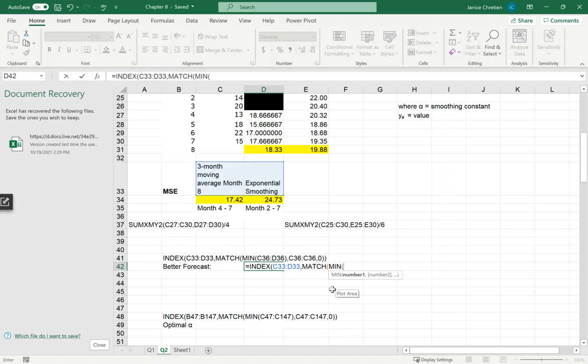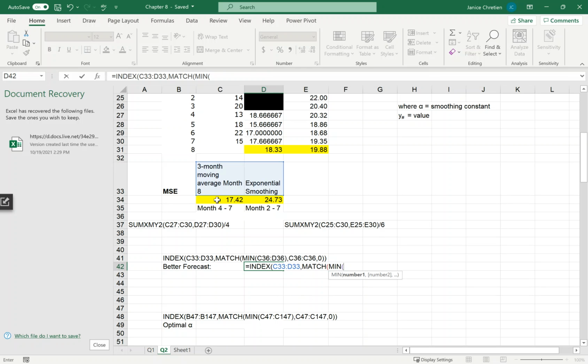The reason I say match min is because I know that the lesser of the MSEs is better. So I can really look at this and tell you 3 month is going to be better, but you're going to need to do this at the bottom. You're going to have 100 figures to pick from. You're going to have to use the formula. So let's just go ahead and use it.